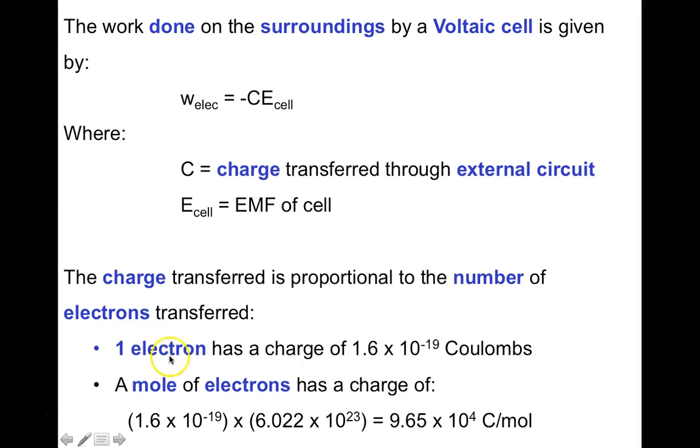A single electron has a charge of 1.6 by 10 to the minus 19 coulombs. A mole of electrons has a charge of 9.65 by 10 to the 4 coulombs per mole. So this would be the charge that's transferred every time we move 1 mole of electrons.